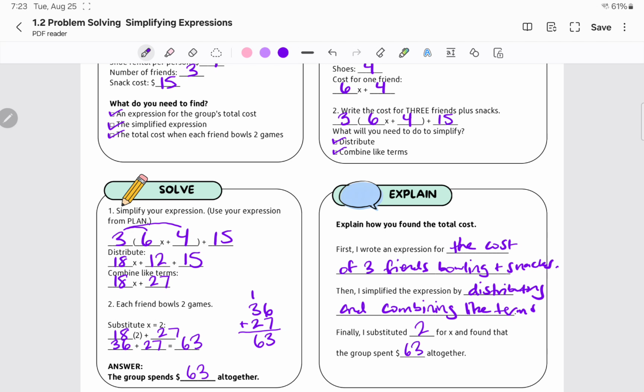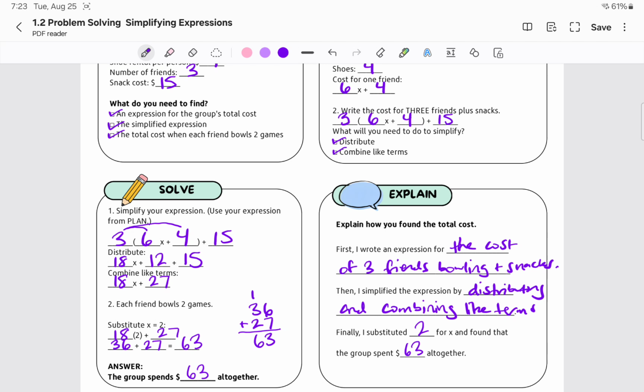So just to read it one more time. First, I wrote an expression for the cost of 3 friends bowling plus snacks. So what we did, we found the cost for one friend and multiplied it by 3. Then we simplified it by distributing and combining like terms. And then we substituted 2 for X because they bowled 2 games and found that they spent $63 altogether.